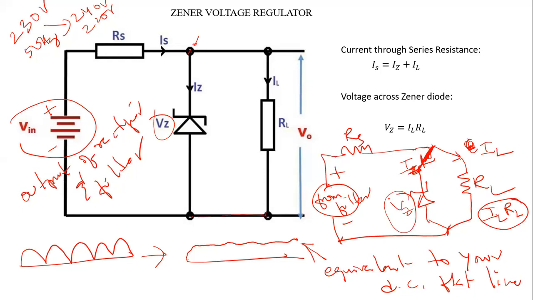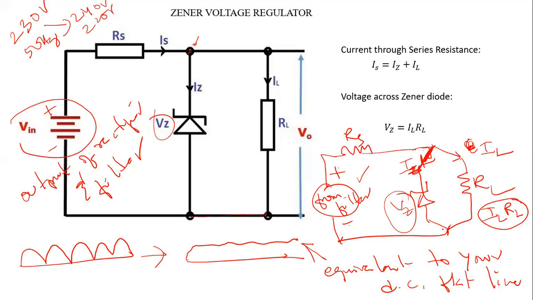So if your DC voltage coming from the filter circuit is greater than the breakdown voltage, the voltage across the Zener diode will remain VZ, the breakdown voltage. As you see, the Zener diode is in parallel with the resistance RL here.